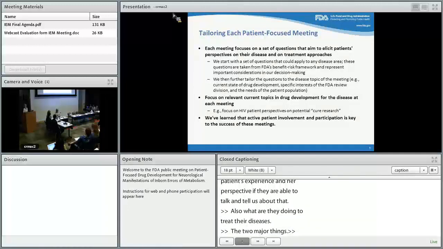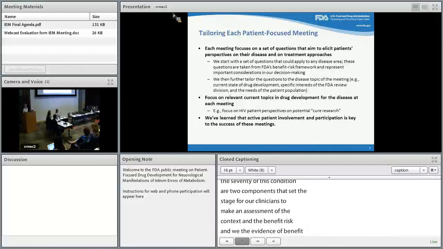Those two questions of the degree to which this is an unmet need and the severity of this condition are two components that set the stage for our clinicians to try to make an assessment of the context and the benefit risk and weigh the evidence of benefit and the safety information in that context.